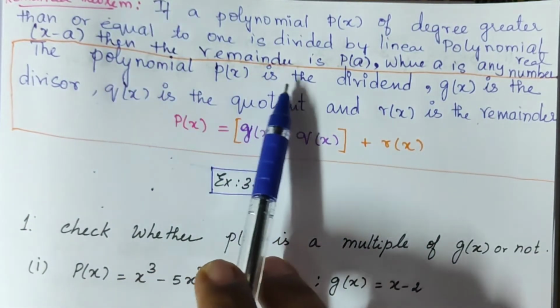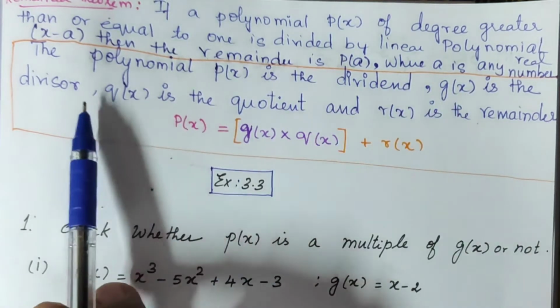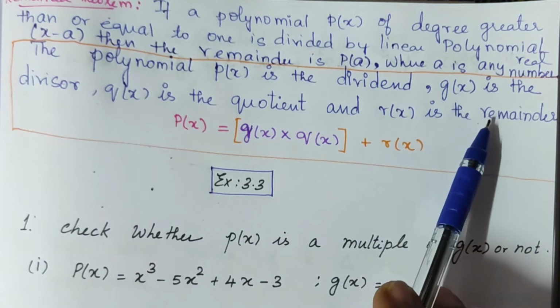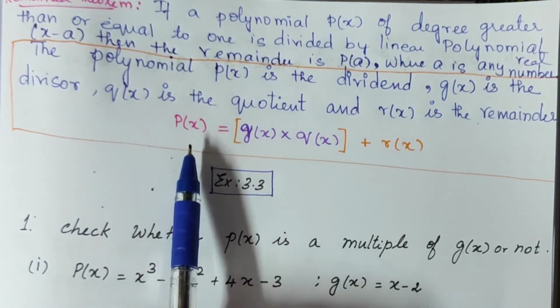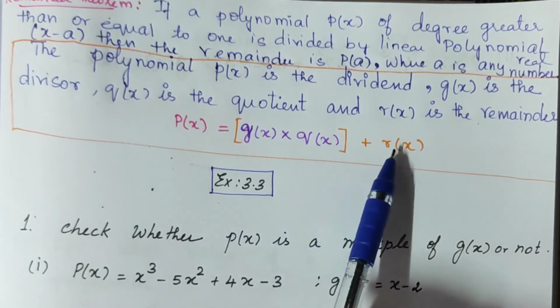A polynomial p of x is the dividend, g of x is the divisor, q of x is the quotient, and r of x is the remainder, and it is in the form p of x is equal to g of x into q of x plus r of x.